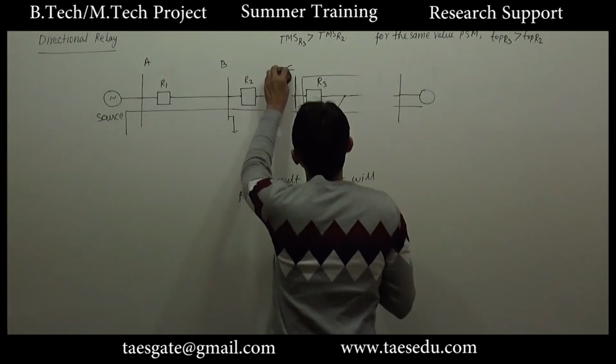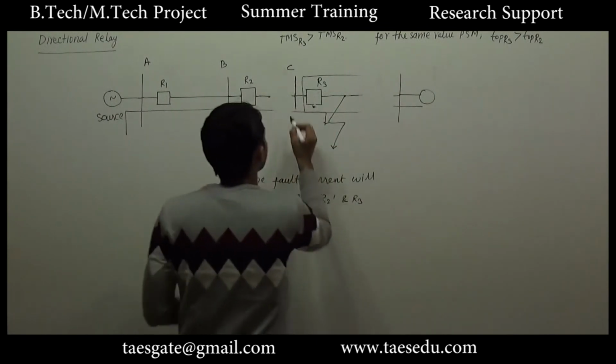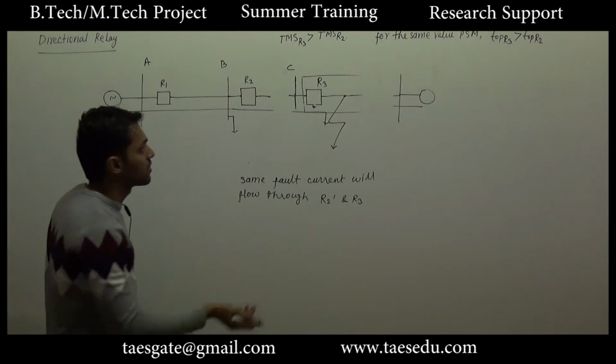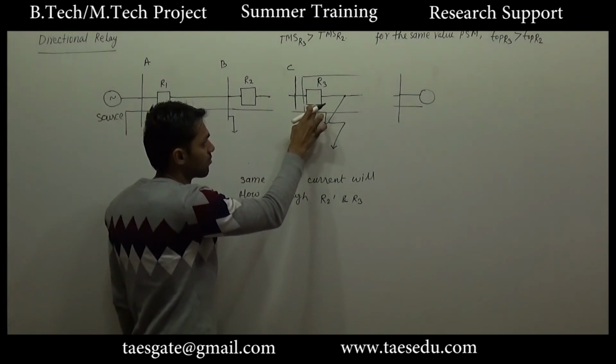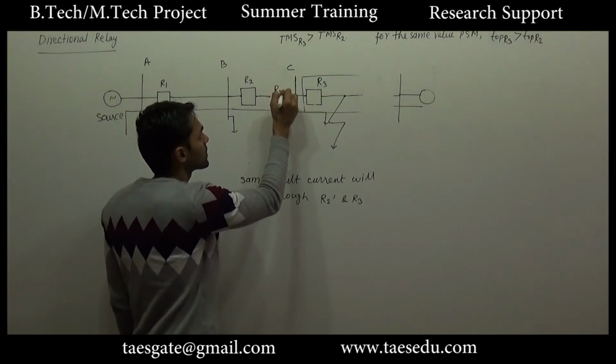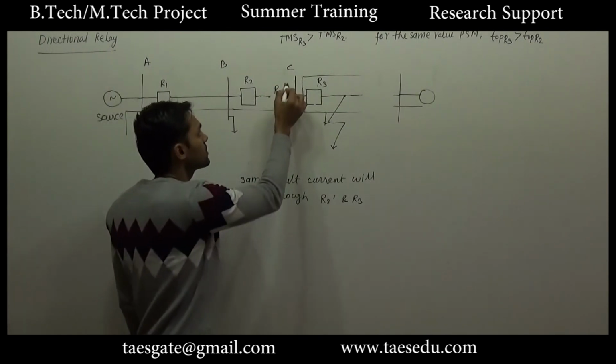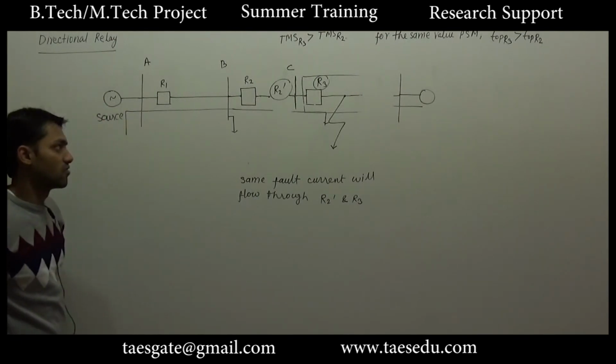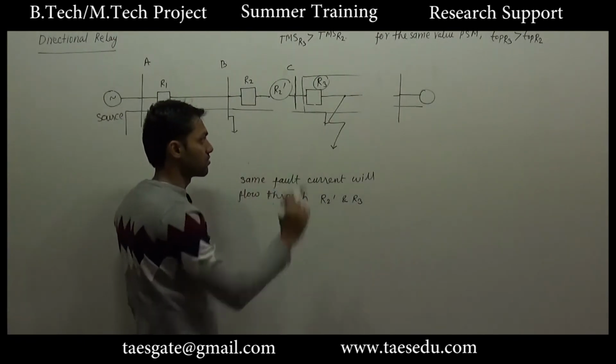So this part of the circuit will be disconnected, which is not the preferable case. Preferably the R3 relay should have operated, but R2 dash has operated because it is faster than relay R3. So again we have the same kind of problem if we change the location of the fault.